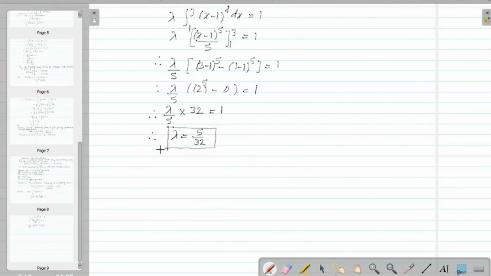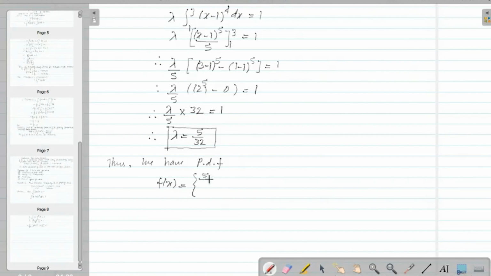So you will have the distribution function. Thus we have the probability density function f(x). This function is given, f(x) is given to you. Replace lambda by 5 by 32.